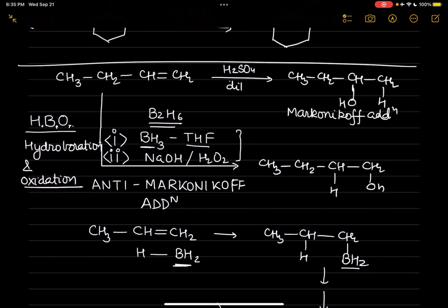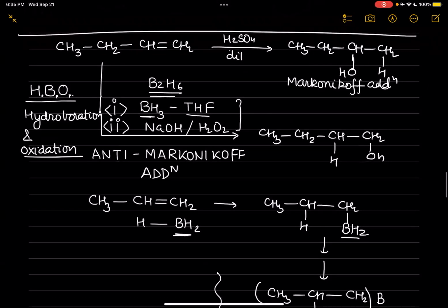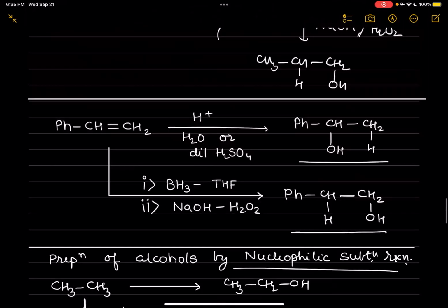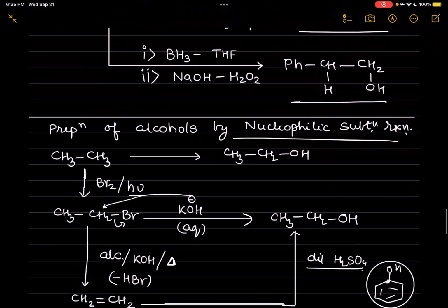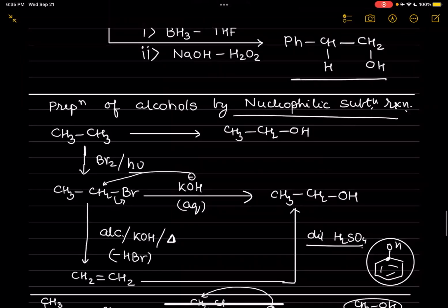So we just started with it, and we were just discussing how you can do the anti-Markovnikov addition of water on alkenes. Other thing which we discussed is the preparation of alcohols from alkyl halides by nucleophilic substitution reaction.